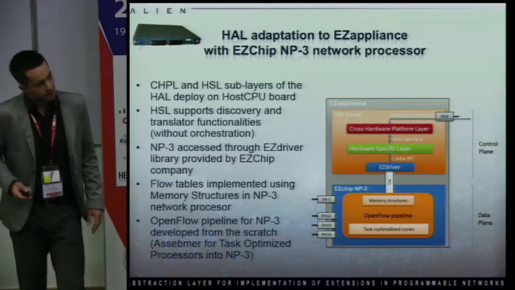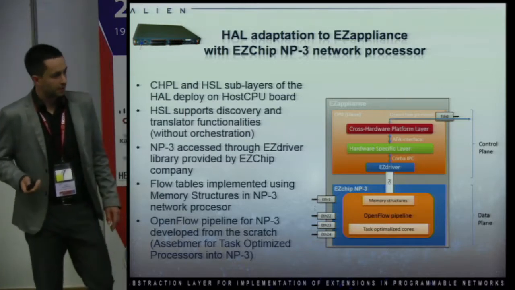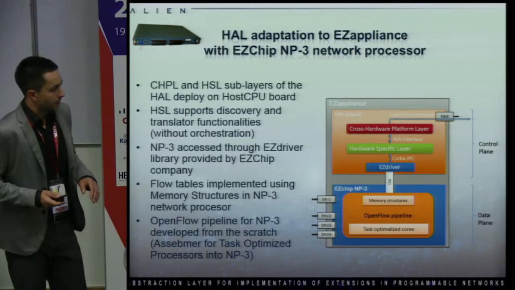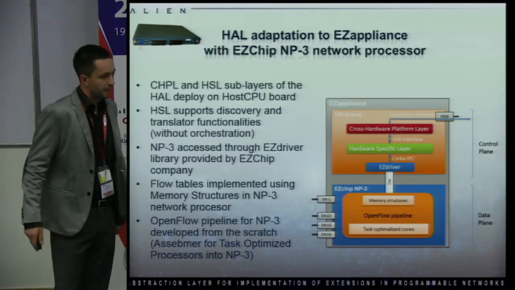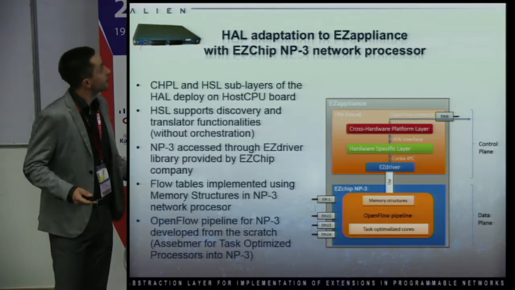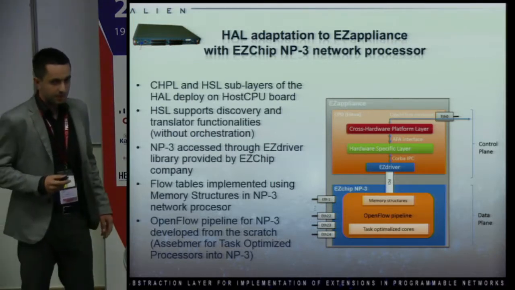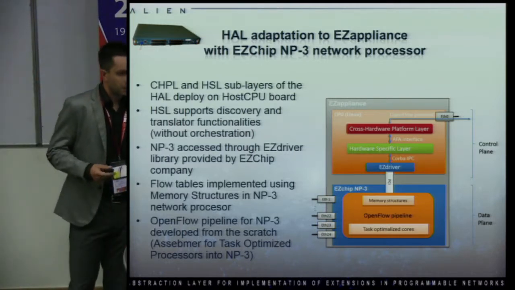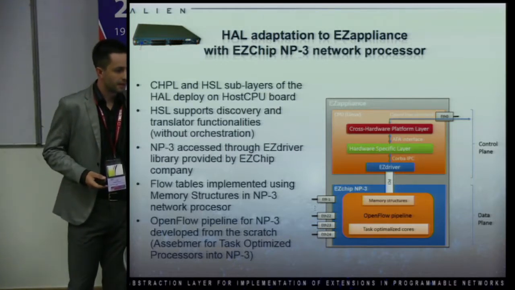We in PSNC deploy both sublayers of the HAL into the host CPU board inside eScience. It's a Linux-based board, and the HSL sublayer of the HAL supports translation and discovery functionalities. We don't need orchestration in eScience because it's a standalone device.